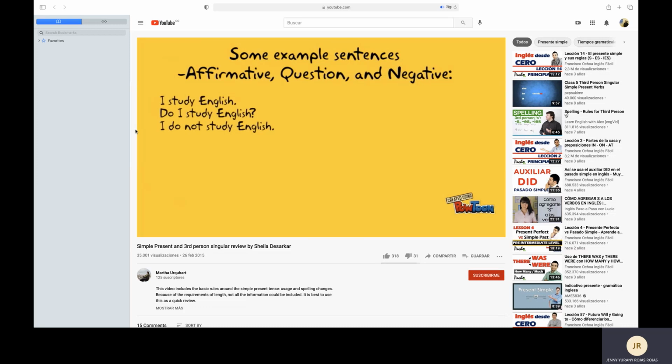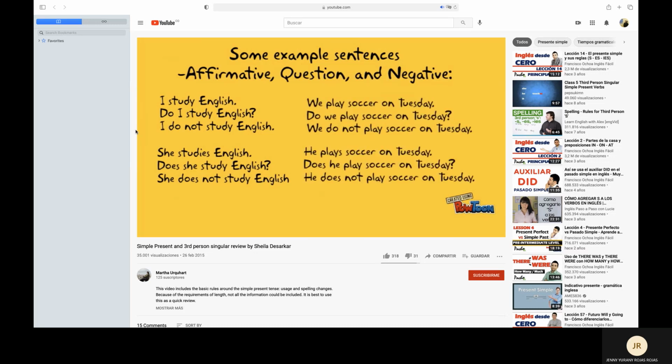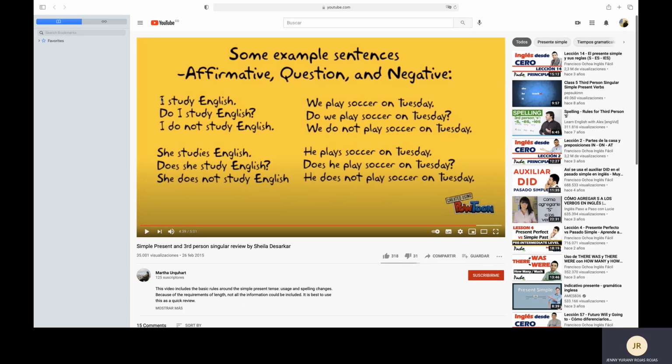Here are some example sentences. Well, finally, here we have some examples where we can evidence how the affirmative structure, the question one or the interrogative one, and the negative structure are like with different people.